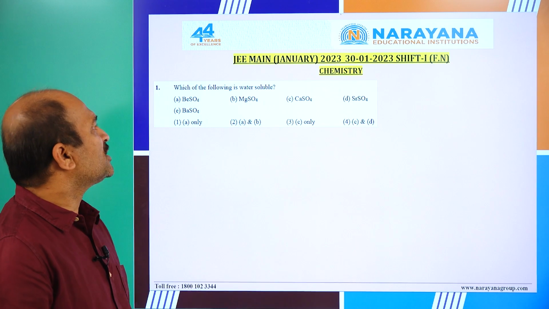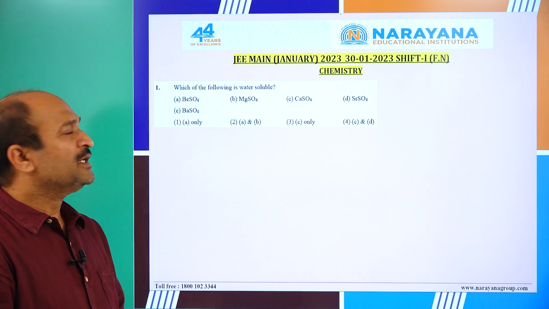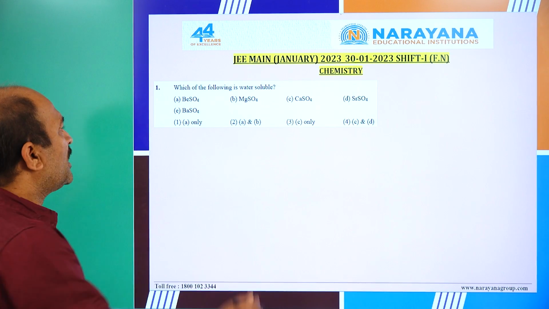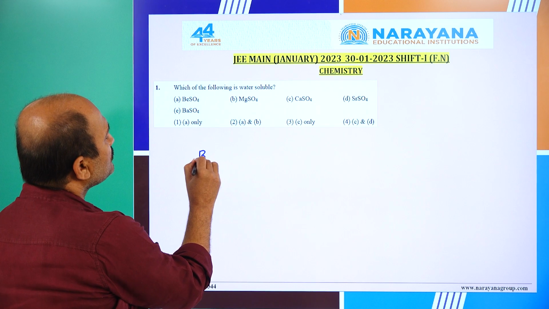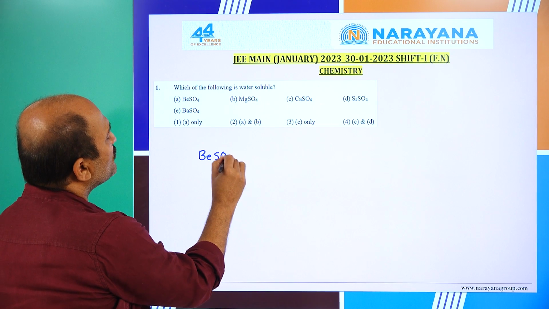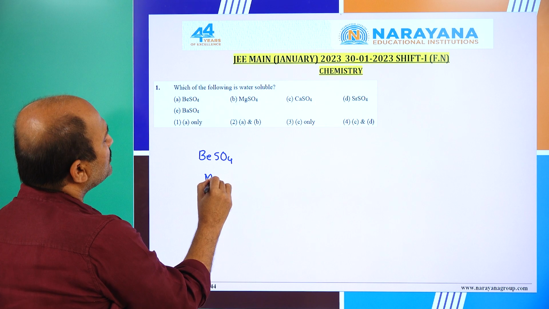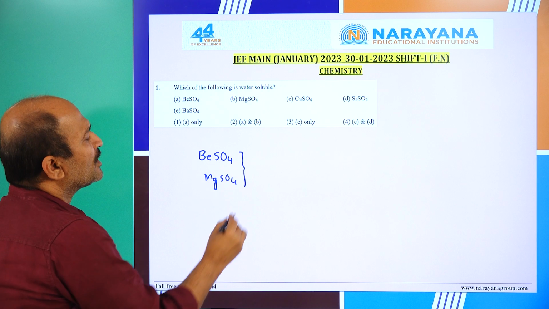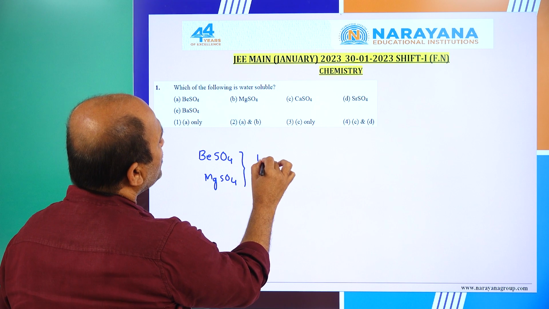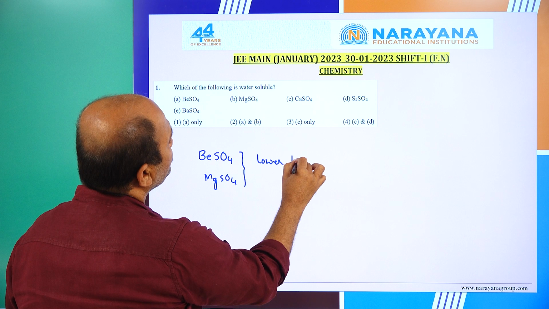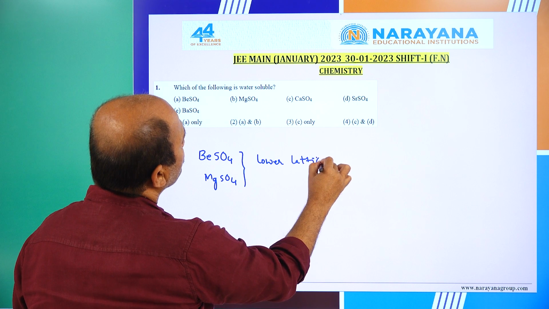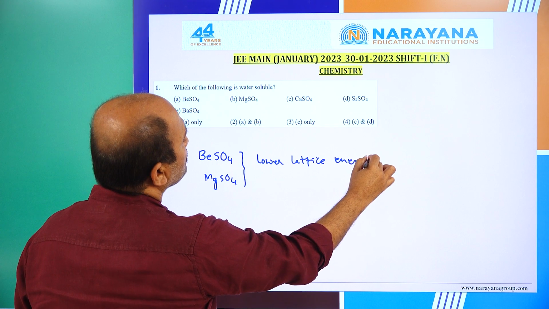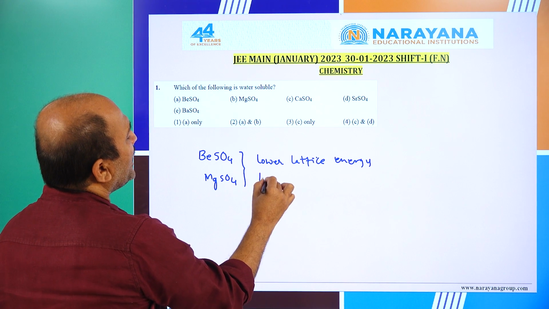So taking the first question, which of the following is water soluble? Here this is the question based on a little bit of concept and a little bit of memory. BeSO4 and MgSO4 both are soluble. The reason is they have lower lattice energy and higher hydration energy.